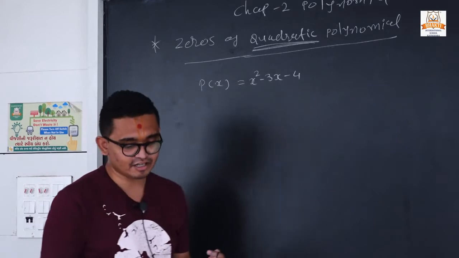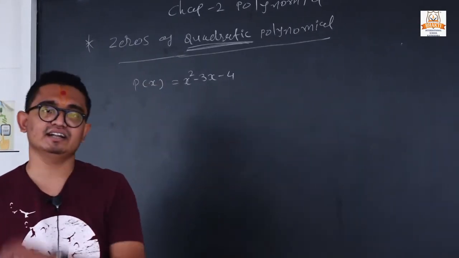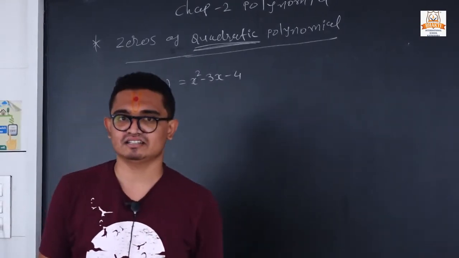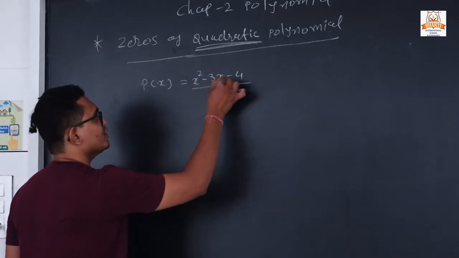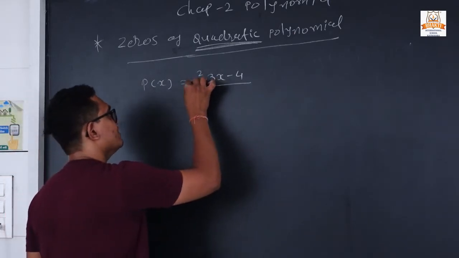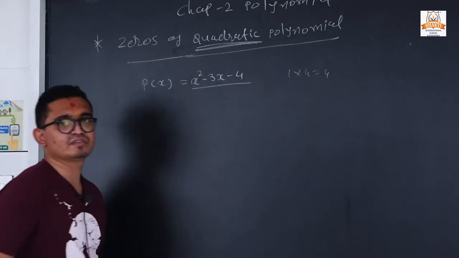Actually we have two methods for finding the zeros of that polynomial, but here we are using factorization, which you learned in your previous classes. So factorization means, if I want to factor that polynomial, here we have a 1 and here we have a 4. So 1 times 4 is 4.